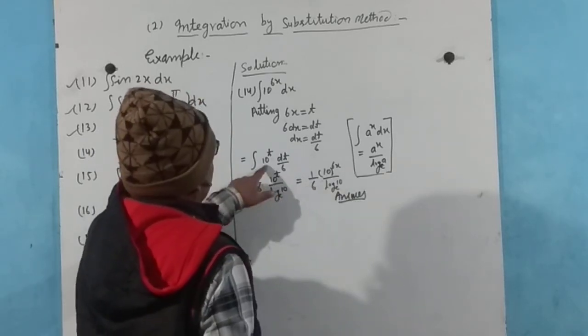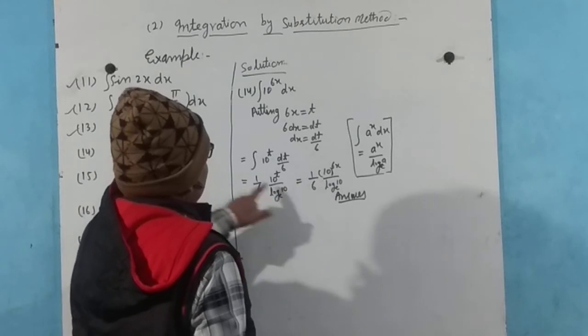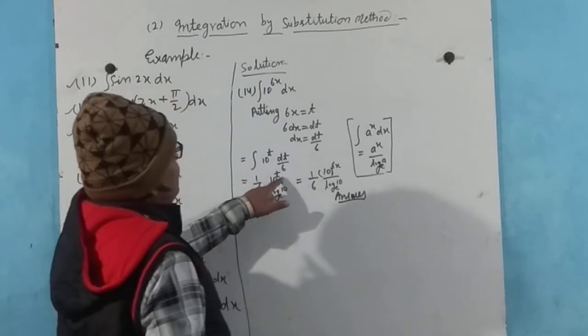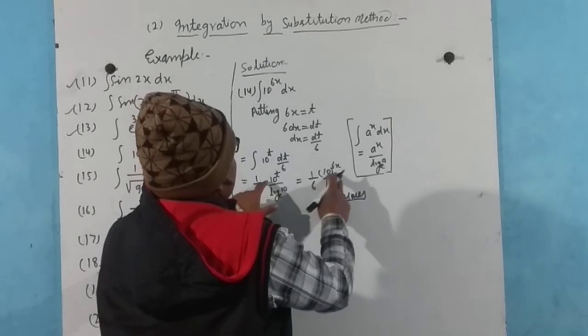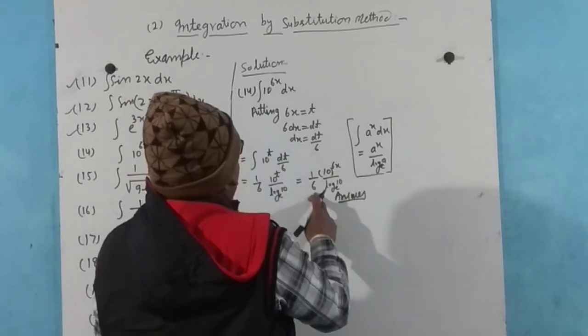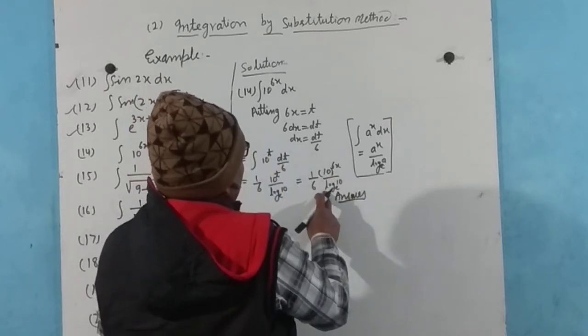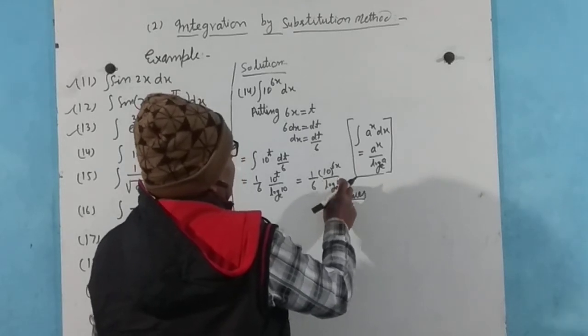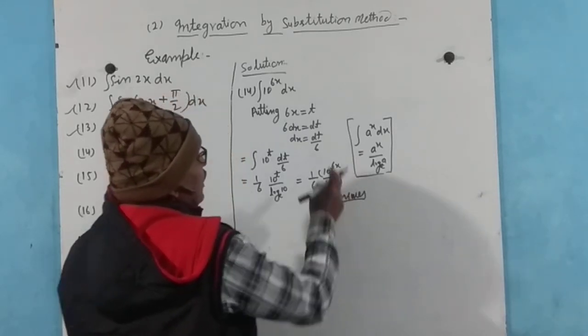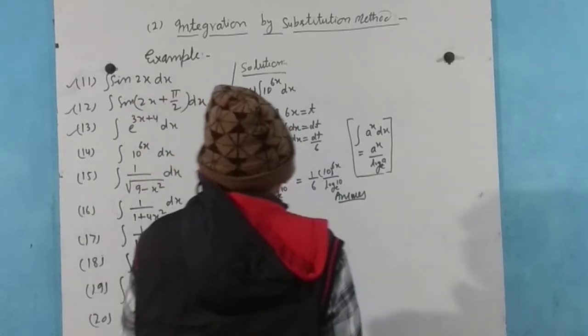Here a is 10, log 10. Putting the value of t here, 1 by 6, 10 power 6x divided by log e 10. This is our answer.